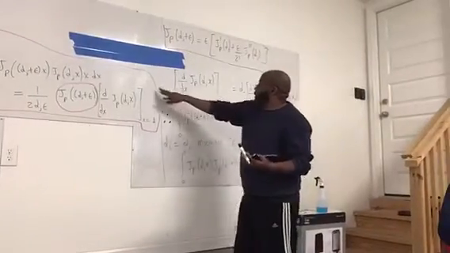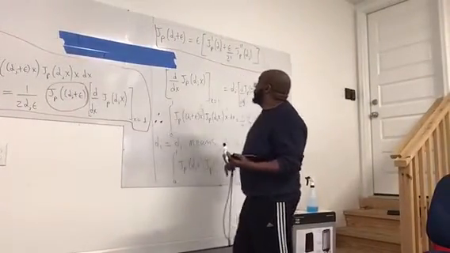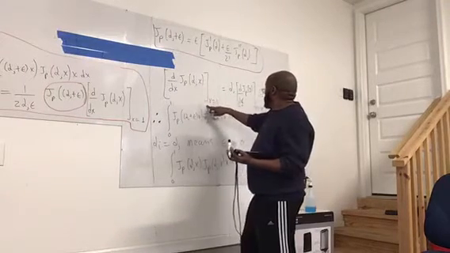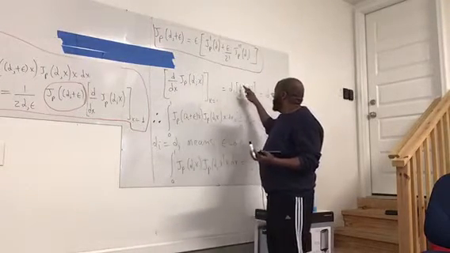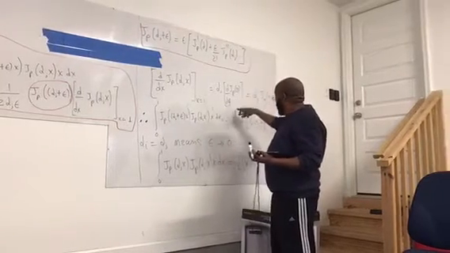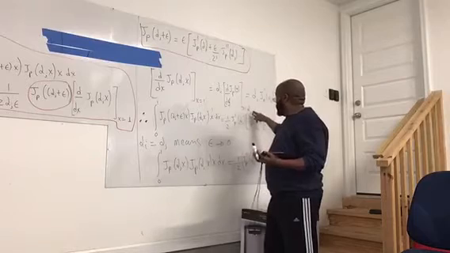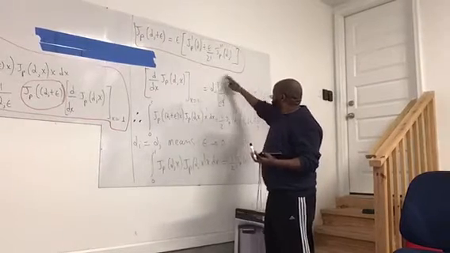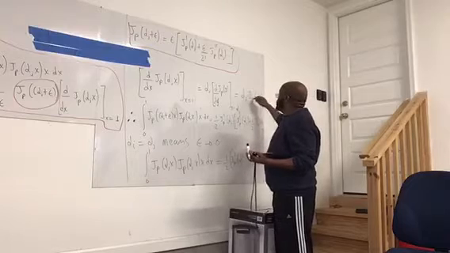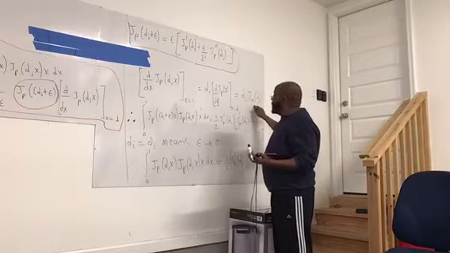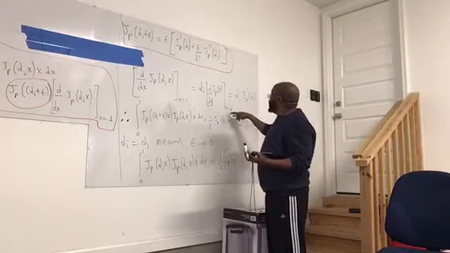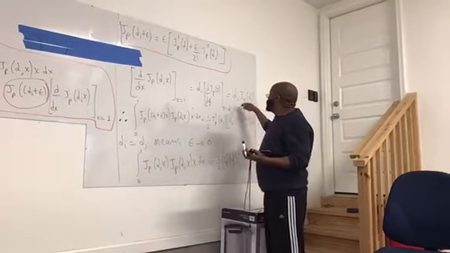You can rewrite this as alpha j times d by dy of jp of y evaluated at y equals alpha j. So basically you can rewrite this as jp prime of alpha j, that is, the derivative of jp with respect to y evaluated at y equals alpha j.